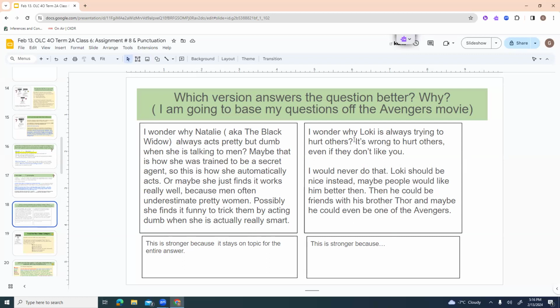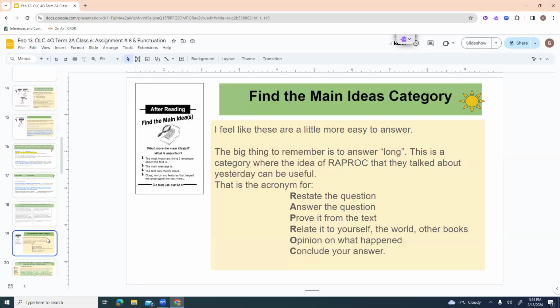Instead of talking about reasons why Loki is hurting others, I just start saying he shouldn't do it and how he should act instead, which unfortunately means I've gotten off topic. So I haven't really answered my own question. So this is better, not because I wrote more, but because I stayed on topic and I answered my own question. So that's something to think about as you're working.